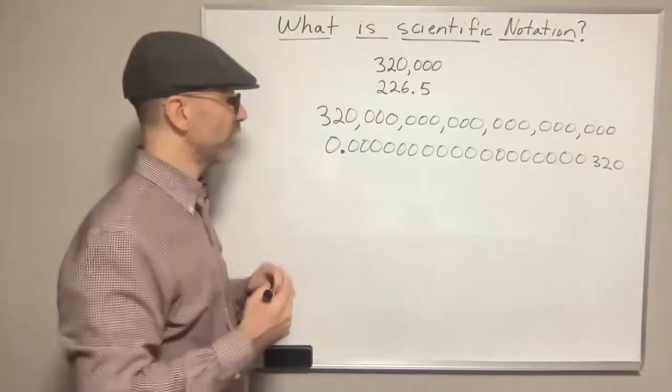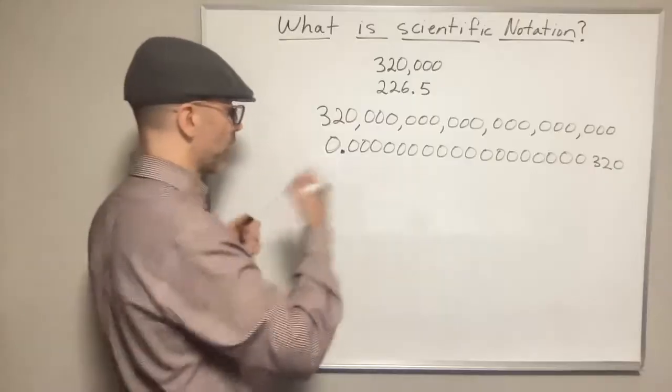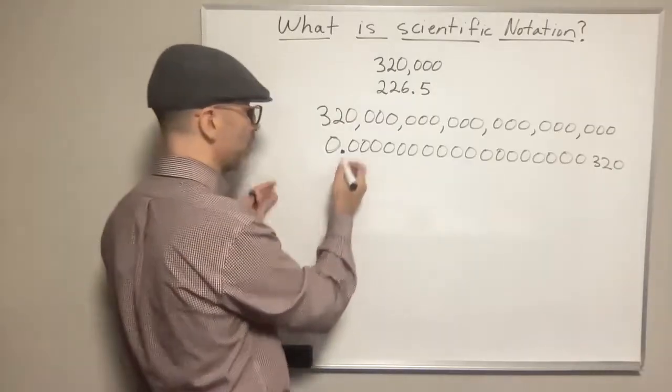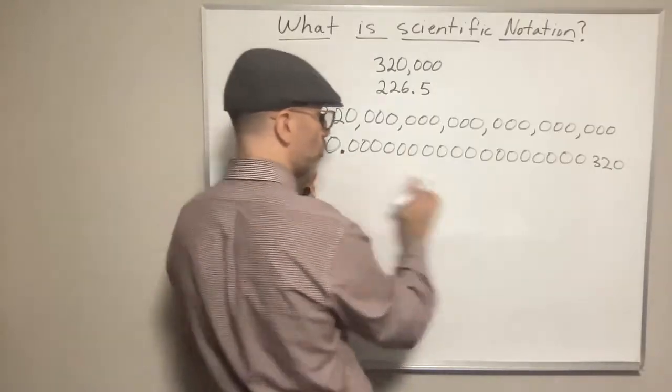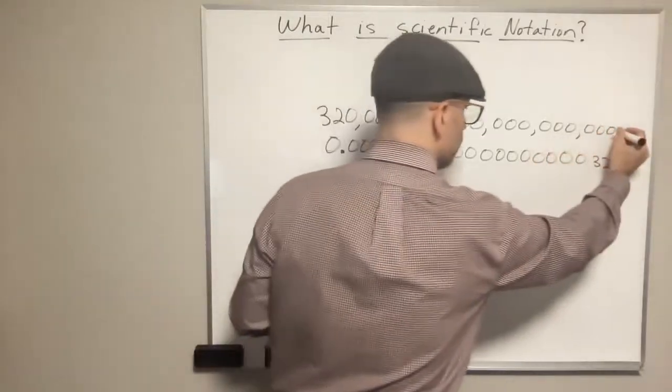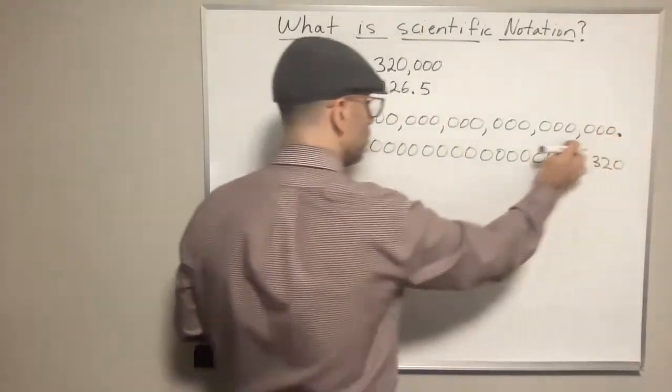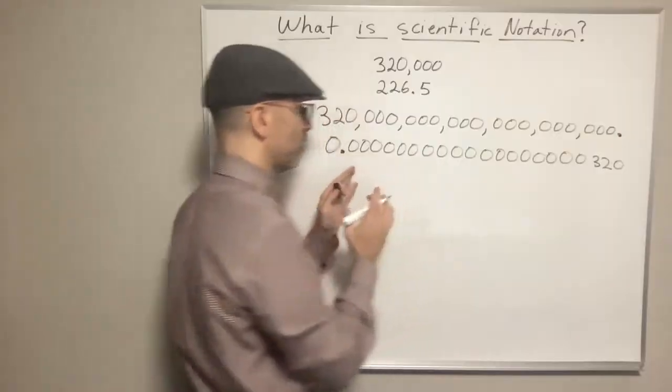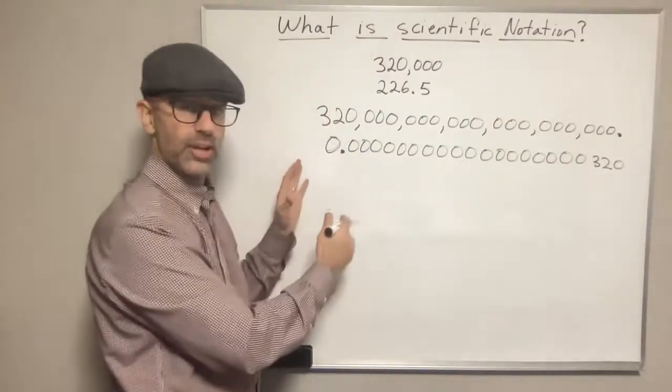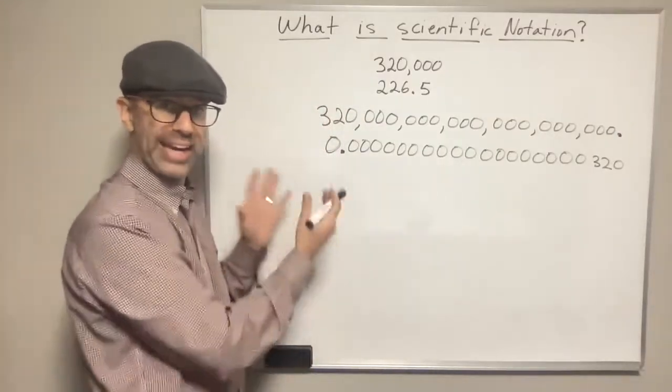Well, simply put, scientific notation is the format where you're going to move the decimal point one way or another. So if the decimal point is over here, you're going to move it to make this number a number between 1 and 10.